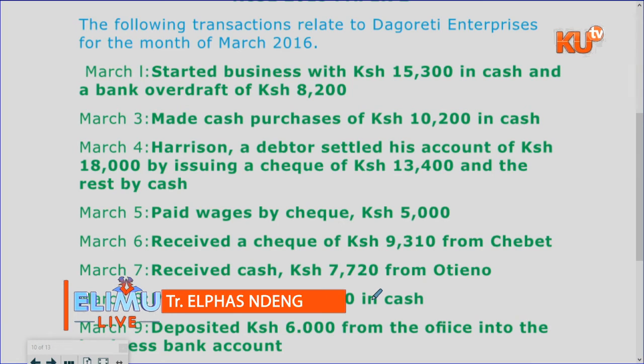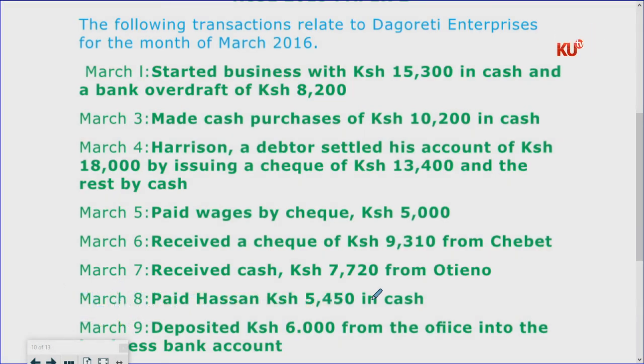Those are information relating to Dagoretti Enterprise. March 1 started the business with 15,300 in cash and a bank overdraft of 8,200. March 3 made cash purchases of 10,200 in cash. March 4, Harrison Adeta settled his account of 18,000 by issuing a check of 13,400.